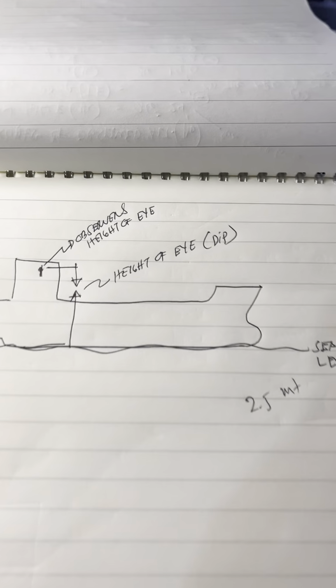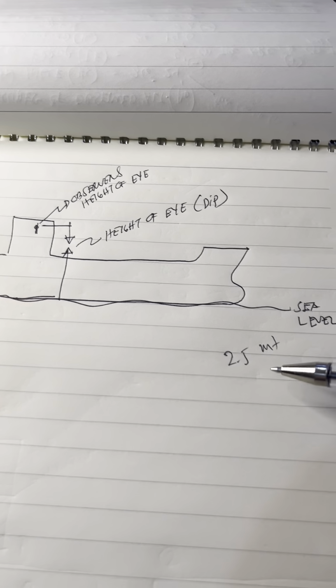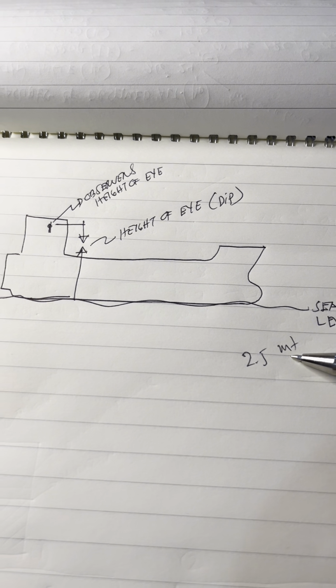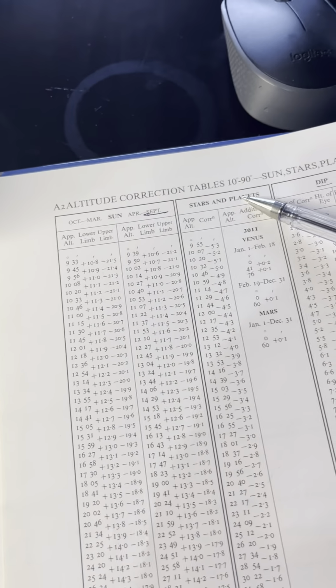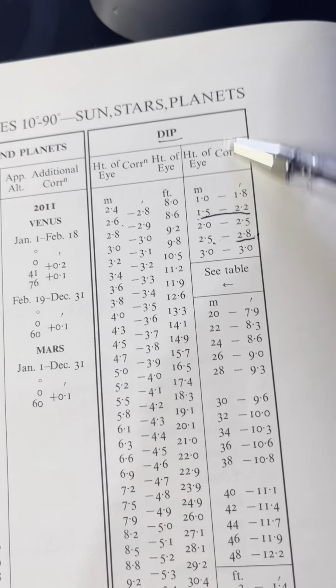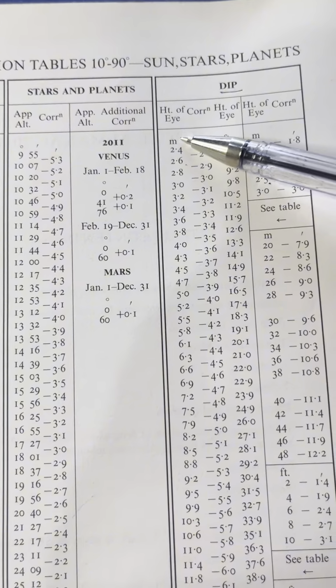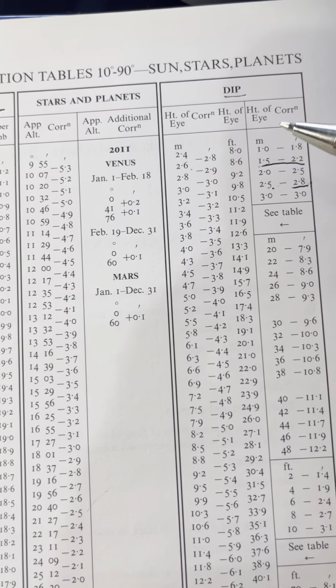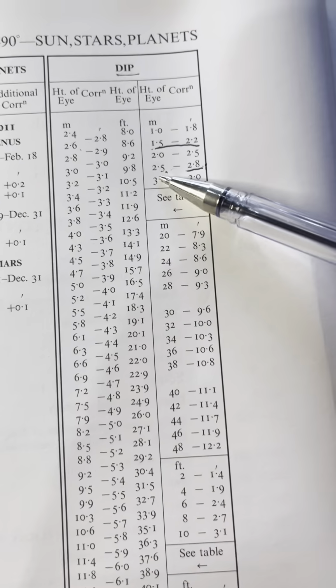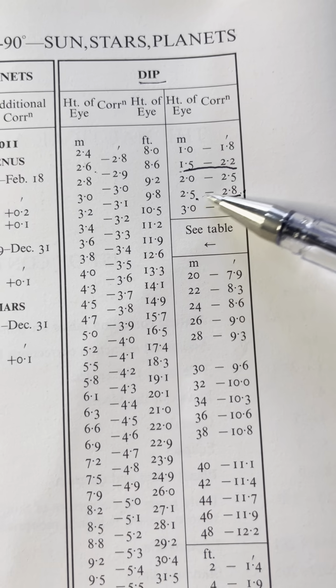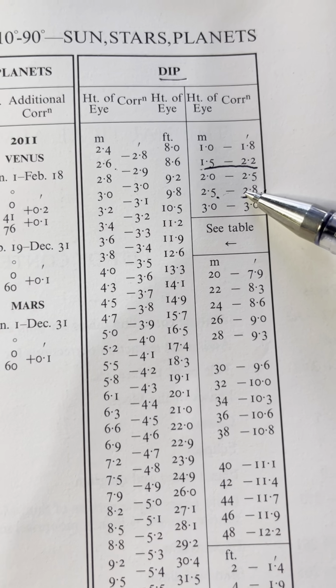Let's say, for example, the height of eye is 2.5 meters, and we will take our nautical almanac book and open the page of altitude and correction tables. You can see here the dip column, the height of the eye, and also the correction. As I said, our height of eye is 2.5, for example, and then the correction is 2.8.